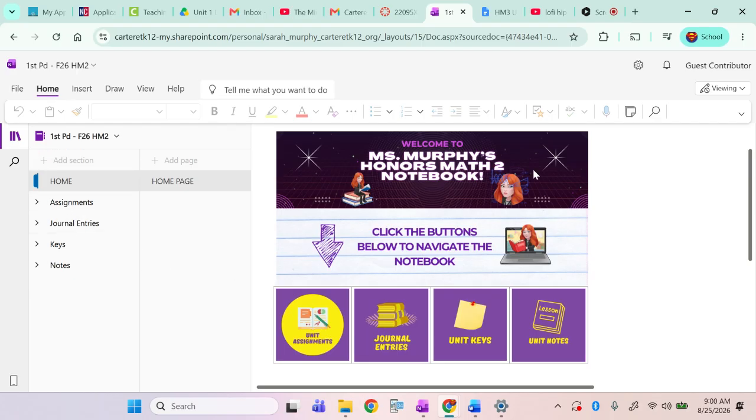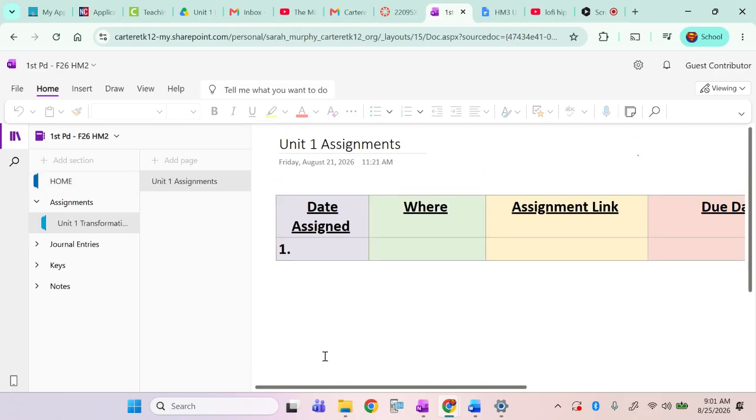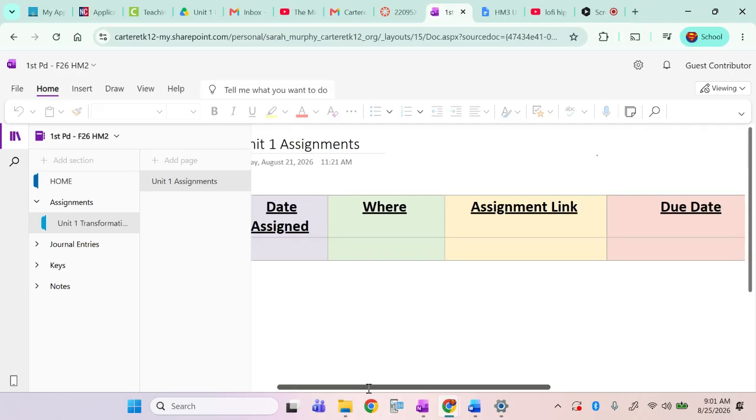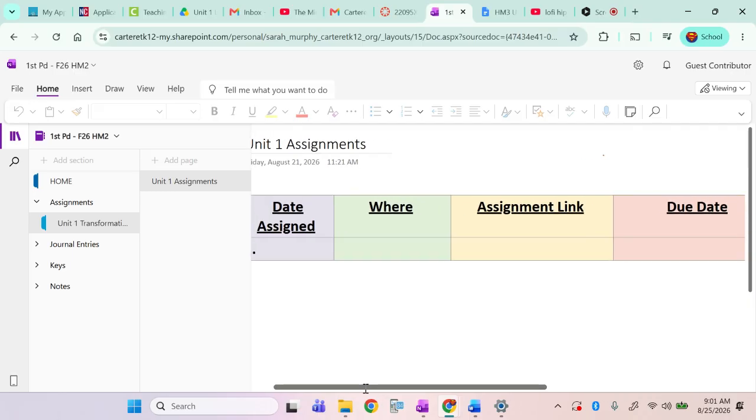It'll link everything. The home page is nice because I linked it based off of what unit we're on. So unit assignments, if you click that, it'll take you to the Unit 1 transformation assignments. We haven't had any assignment yet besides the syllabus, but that doesn't really count. It's going in the grade book, but it's not worth typing in.